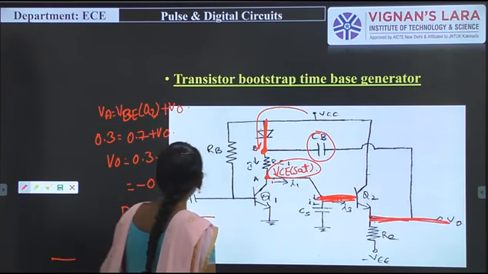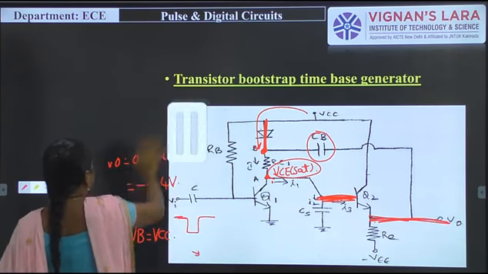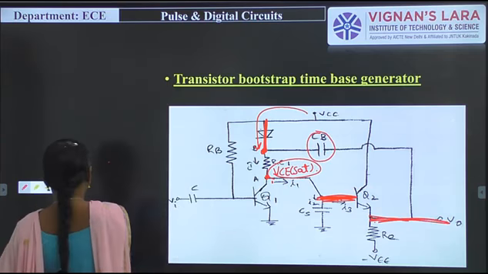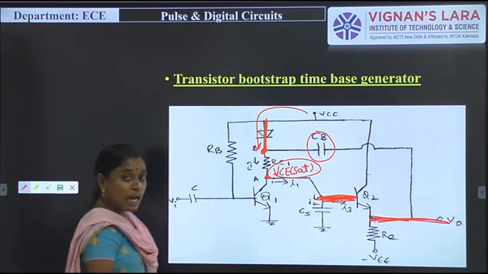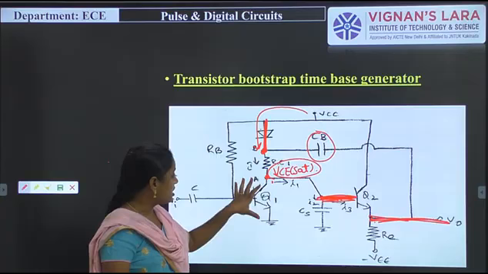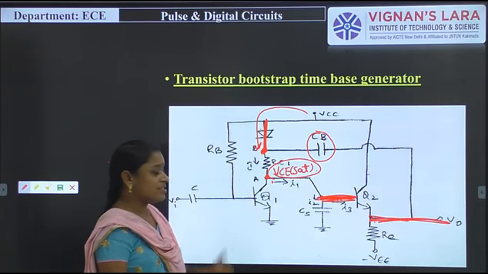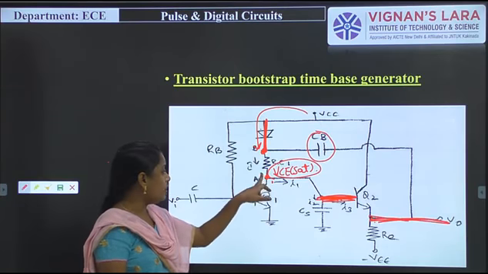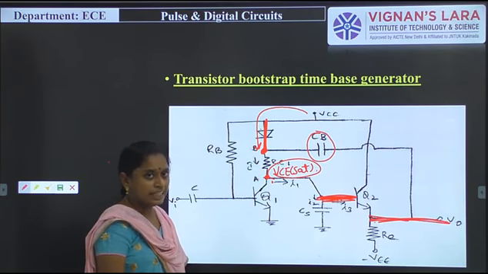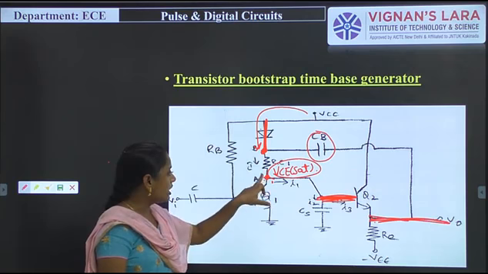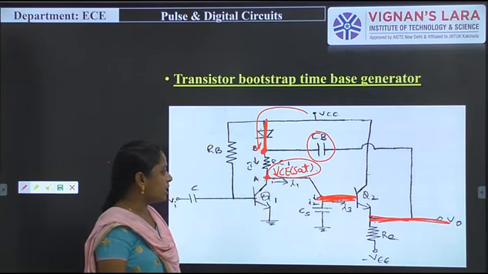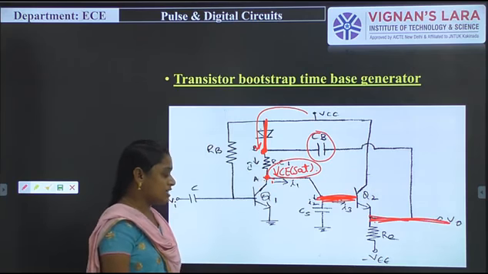And when we apply a negative voltage signal to transistor Q1, what happens? When transistor Q1 is in off condition, obviously this VA voltage will increase. As we know, VA is equal to VBE of Q2 plus V0.